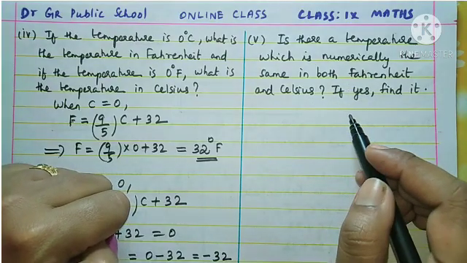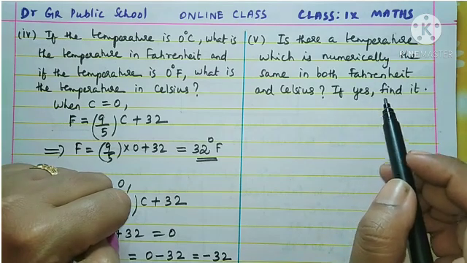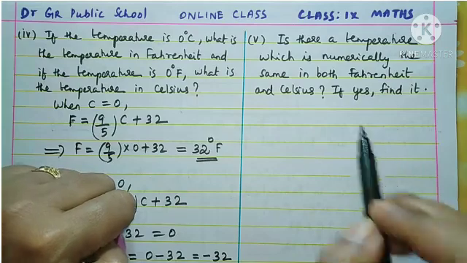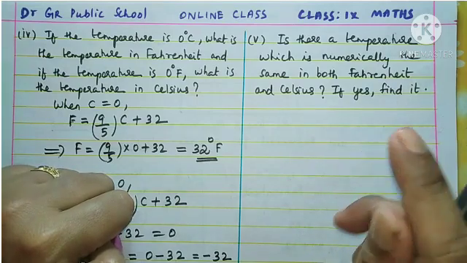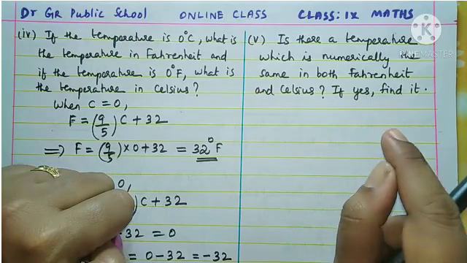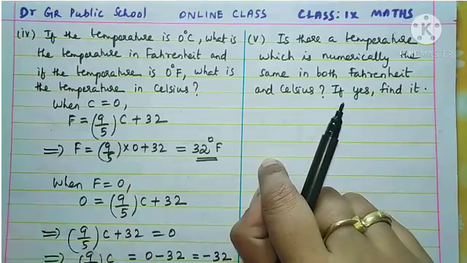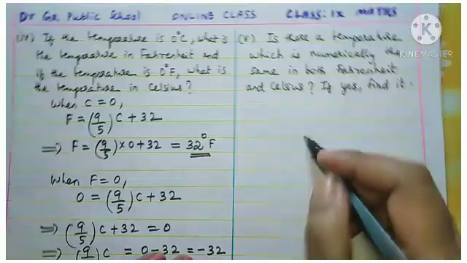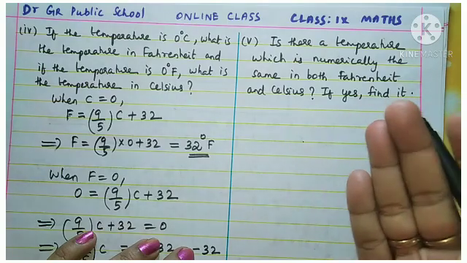That you want to find out. If yes, if such a number is there, you want to find it. Any idea? For that, we don't actually know what that number is.